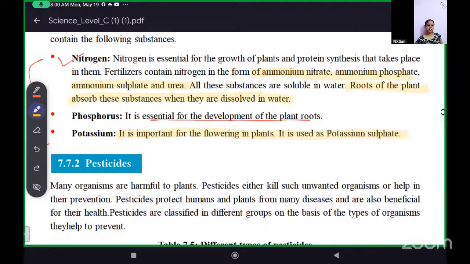But if you put in the right amounts of ammonium nitrate, phosphate, sulfate, and urea, make it into a soluble solution and then put it in the plant, then it's going to be helpful for the plant.